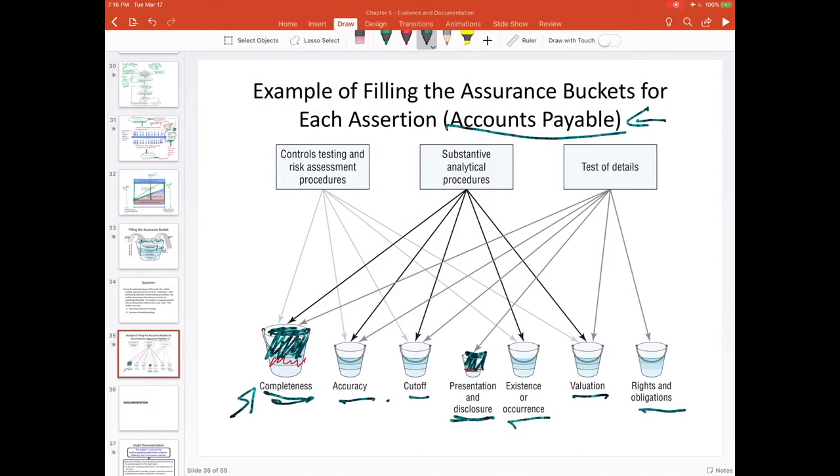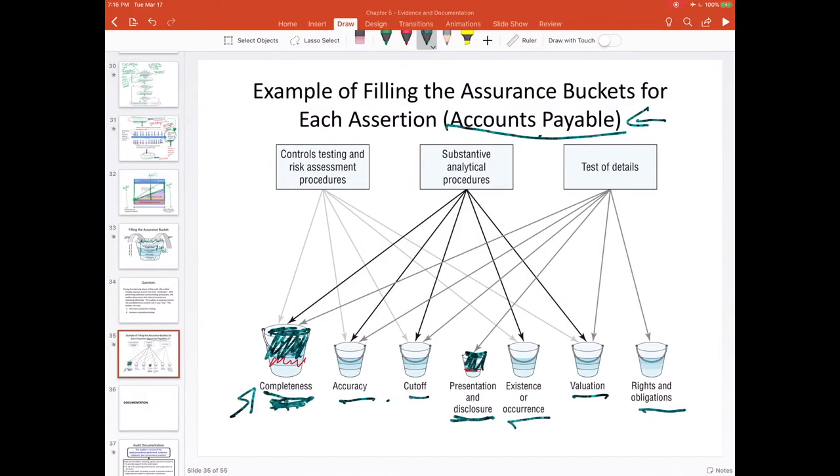So for a for-profit company, we've talked about this idea before, that the big risk with assets is that they're going to be overstated, right? Asset and revenue accounts will most likely be overstated, whereas liability and cost accounts or expense accounts are most likely to be understated. So this AP would be a liability account, therefore understatement is the big risk, therefore completeness is the assertion with the most risk associated with it, therefore completeness is where we need to gather our most amount of evidence.